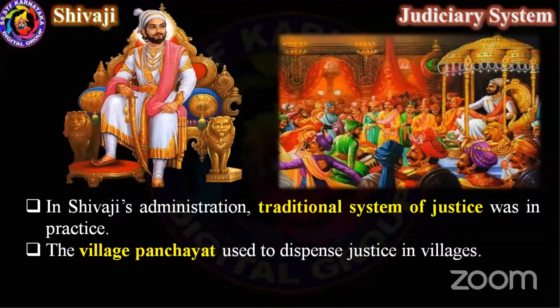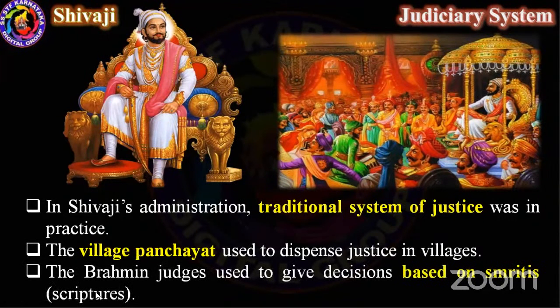The village panchayat used to dispense justice in villages. Actually, he was the head of the judicial system, but in the village he allowed the authority to the village panchayat. Local disputes of a village were almost all cleared in the village panchayat. And the Brahmin judges used to give decisions based on smritis or scriptures.